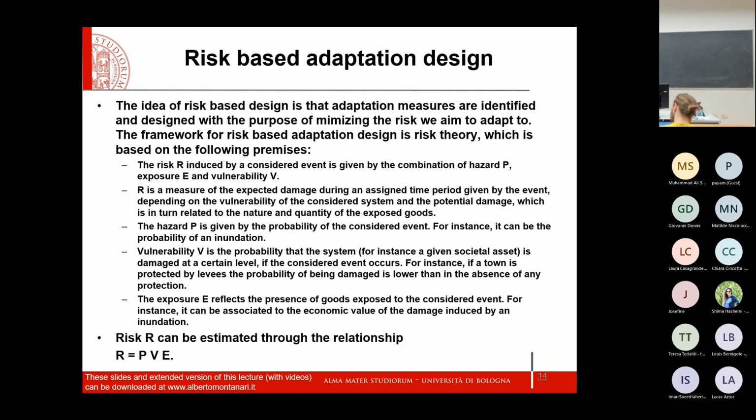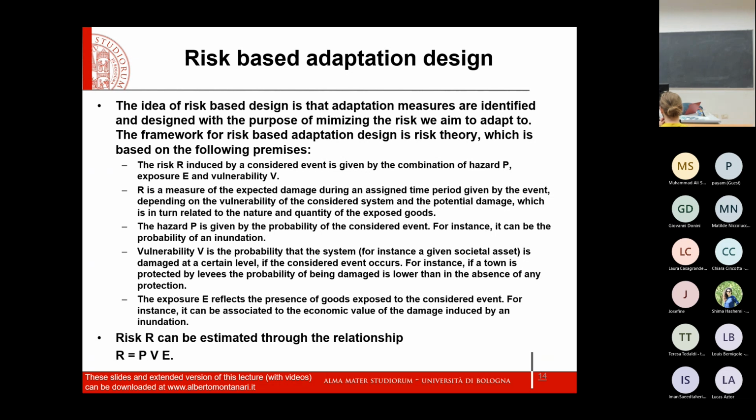Regarding probability, we discussed extensively about probability. We didn't discuss at all about vulnerability and extension. We defined them, but if you remember, I said a couple of months ago, let's focus on probability, which means a return period of the event.